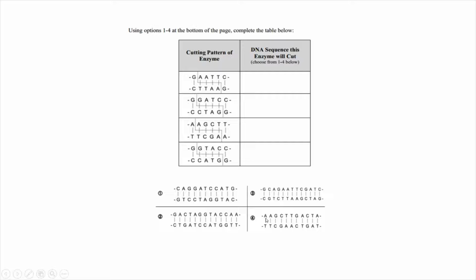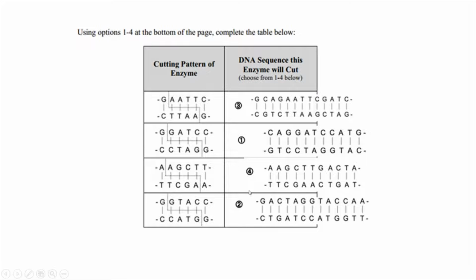And then number 4, double A, G, C, T, T, anything that you see there, well, it's the only one that is missing. Okay, so we're going to have number 1 there, number 2 here, number 3, and number 4 with this double A, G, C, T, T there. Okay, so that was activity number 4.